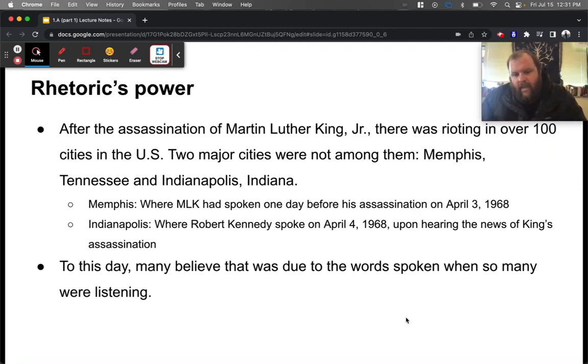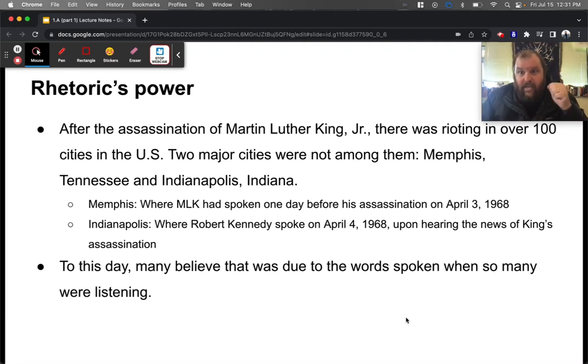Many believe, and I tend to think it's true, that these two speeches, without getting too philosophical about it, kind of cast a spell on the audience.